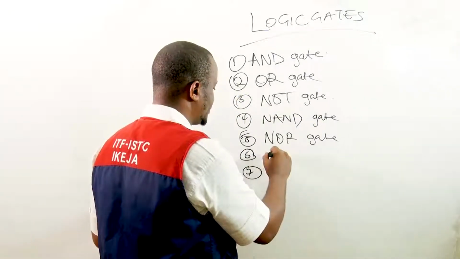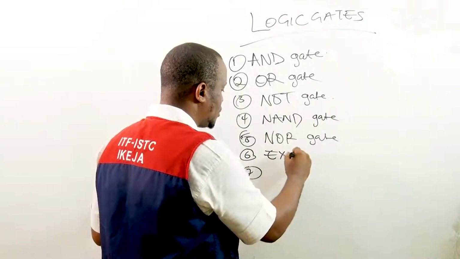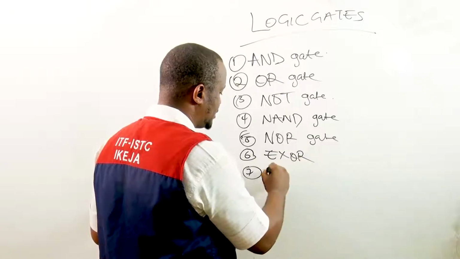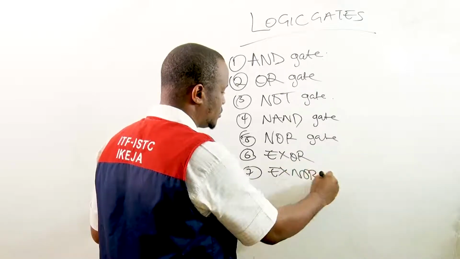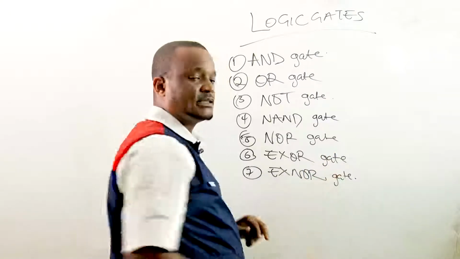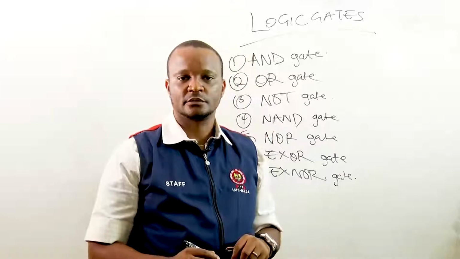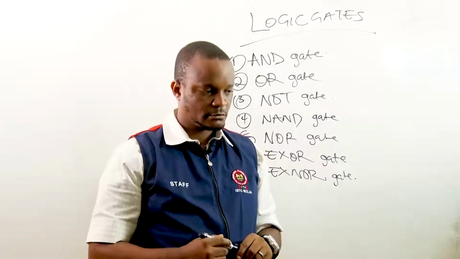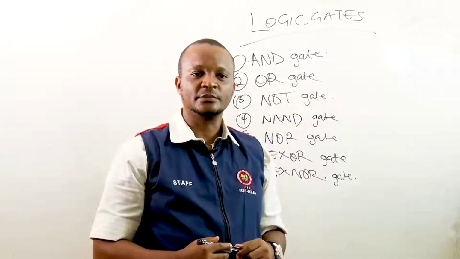We have the XOR and the XNOR gates. So there are 7 types of gates.